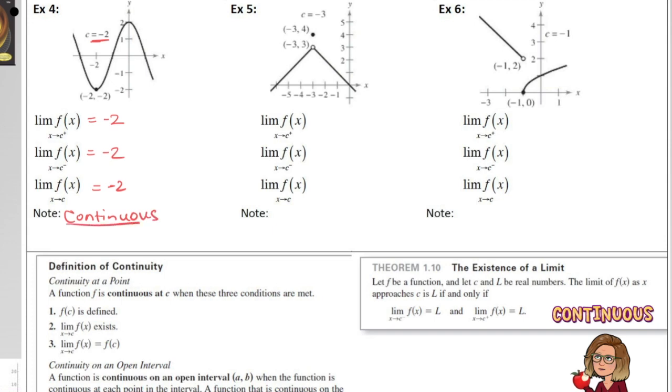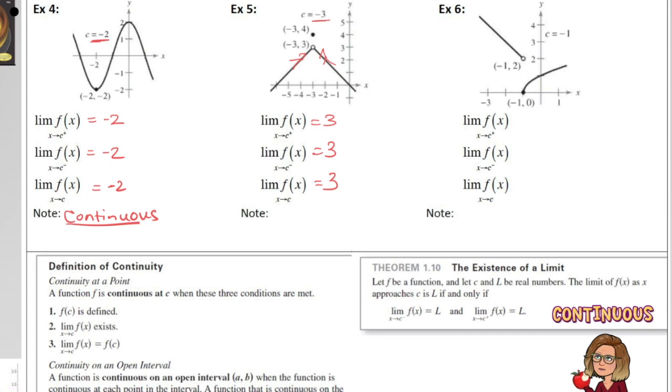Now for example 5, if I take the limit as x approaches c, in this case c is -3, from the right the answer is 3. From the left, the answer is 3, which is great. So the limit as x goes to c is going to be 3.